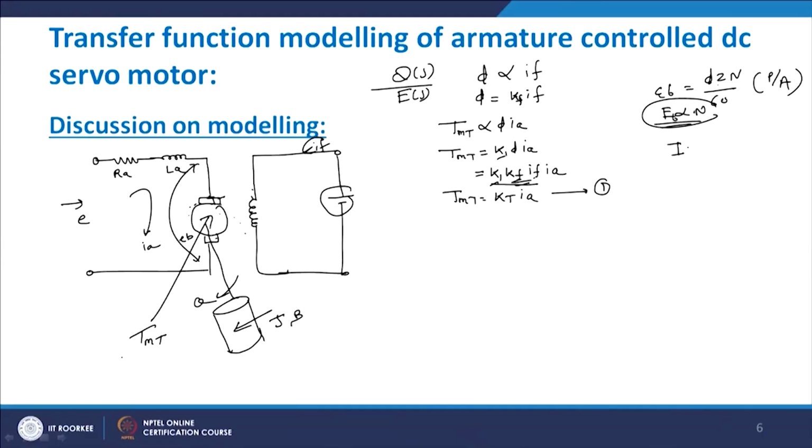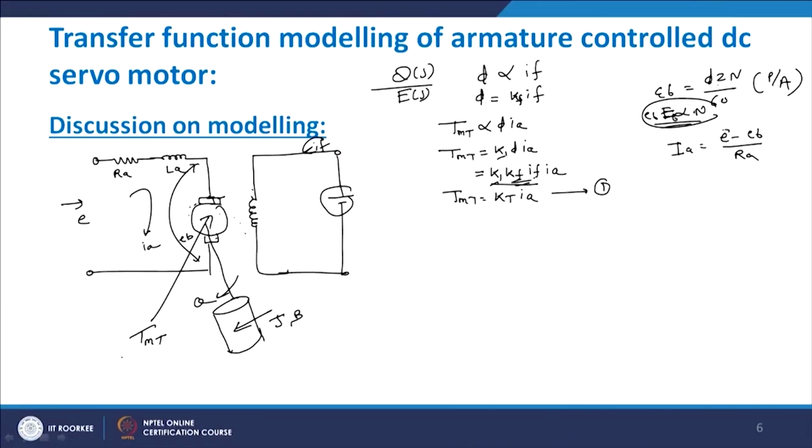If you see the motor, the initial current I equals (E minus Eb) divided by Ra. So if you start the motor, what happens? When you start the motor, speed is very low.